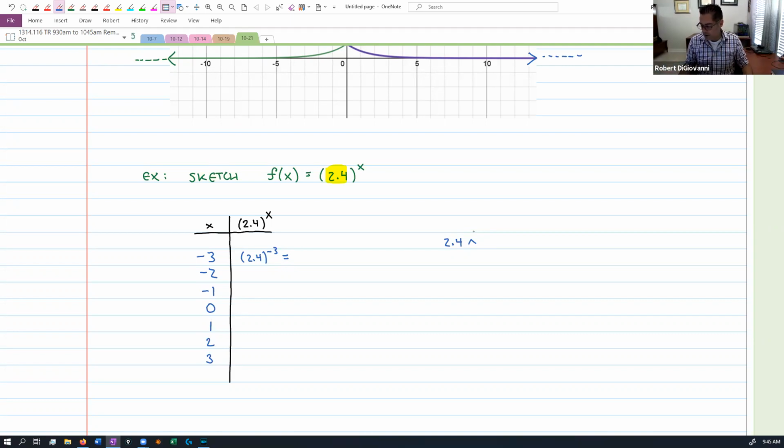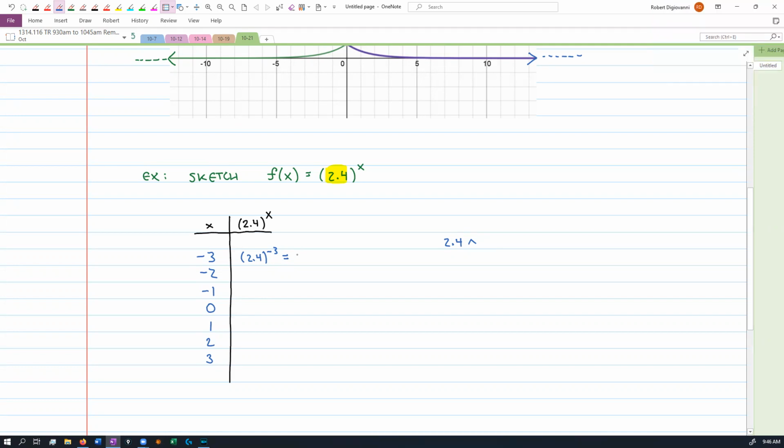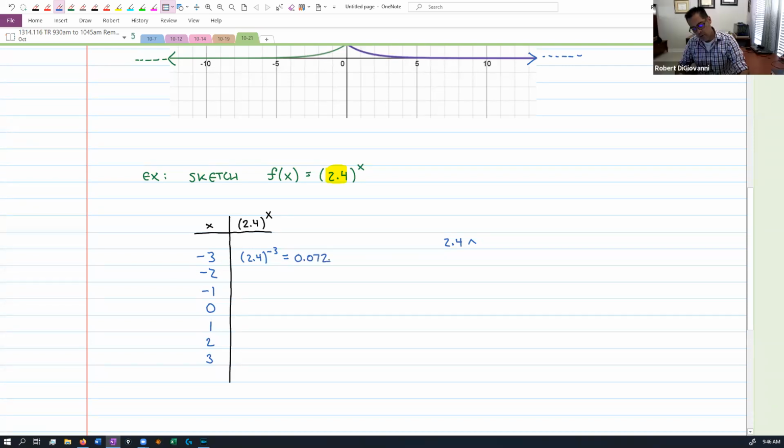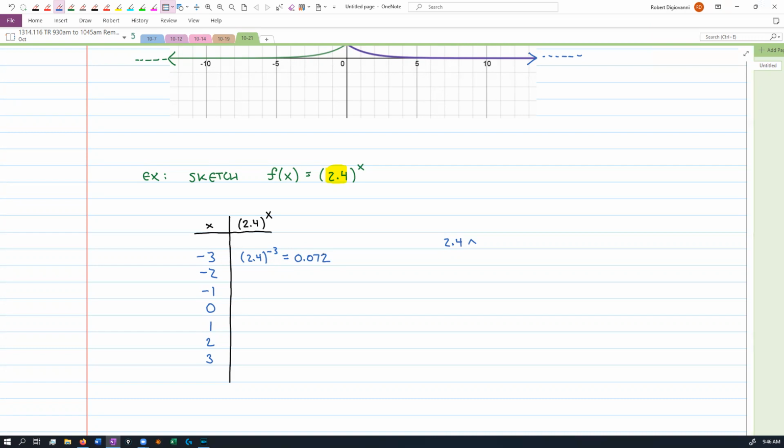So try this on your own. If you have a different calculator, it's okay as long as you get the same answer that we get. Does anyone have it yet? Yes. 0.072, yeah. We'll just go 3 decimal places. We don't have to do everything that's on the calculator. That's a very small number, right? 0.072.